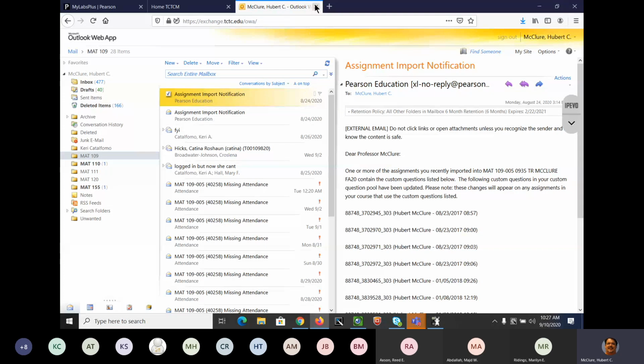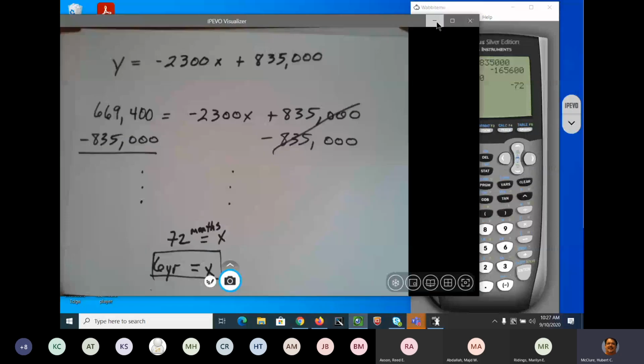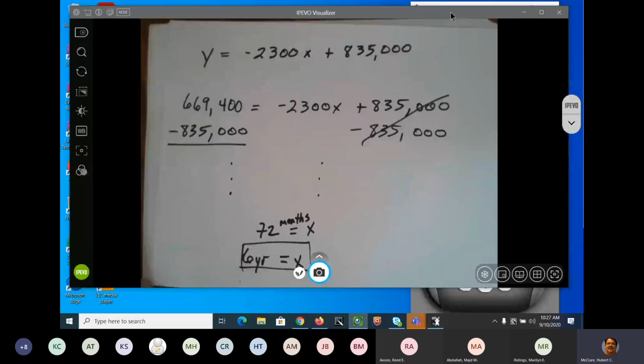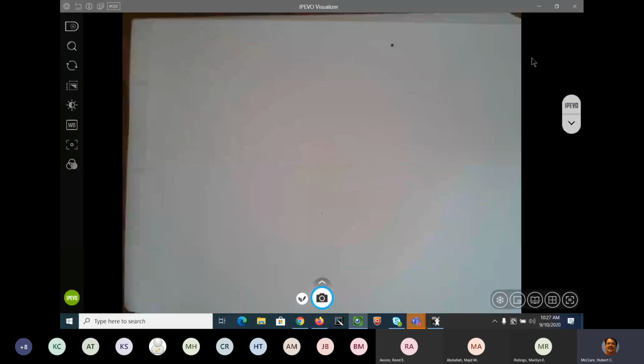And section 2 is about using the calculator and the Excel spreadsheet. I am not going to try to get you to do this by hand. It's called the line of regression, and you don't want to even think about doing it by hand.